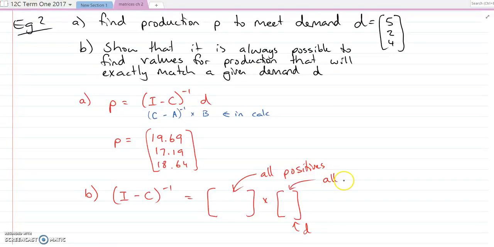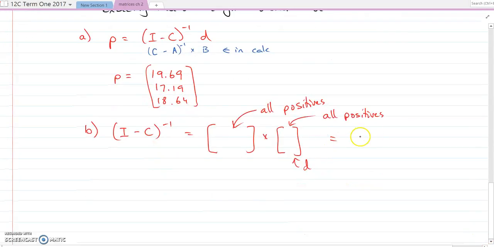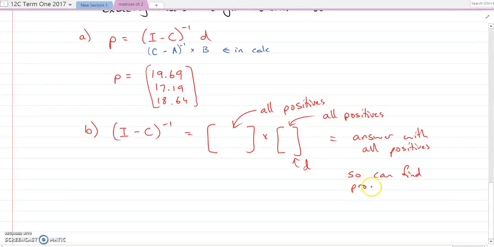So if you're multiplying 2 matrices together that are both all positives, you will get an answer with all positives. Which means as long as they're all positive, then it's possible to find a production. Therefore, we can find a production.